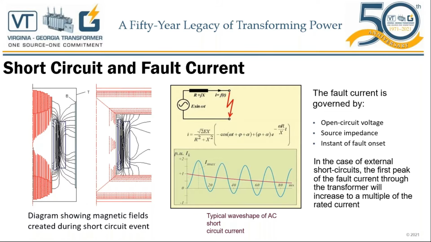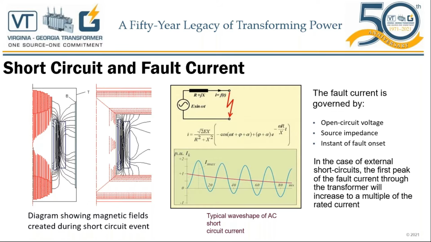What happens in the transformer when a fault occurs? So we will start with the left side, the diagram showing the magnetic fields created during a short circuit event. You can see the disturbances and you can see the amount of the magnetic field disturbance.